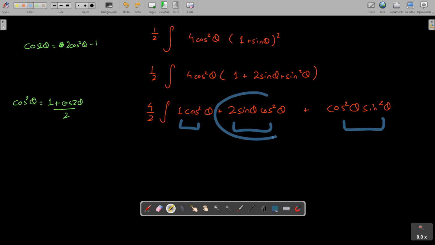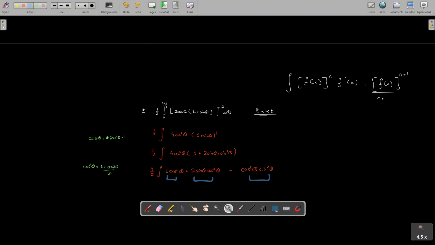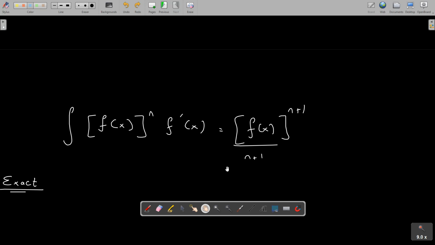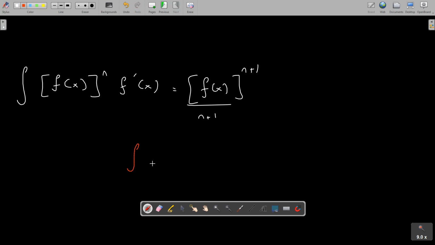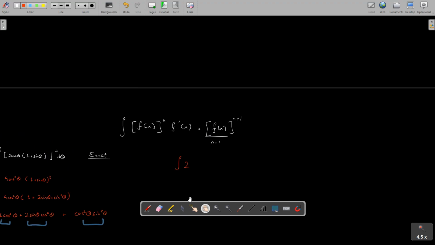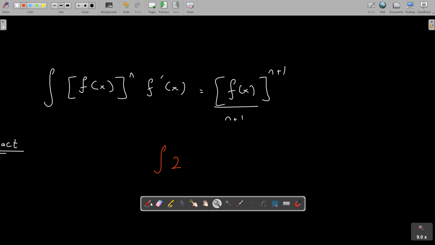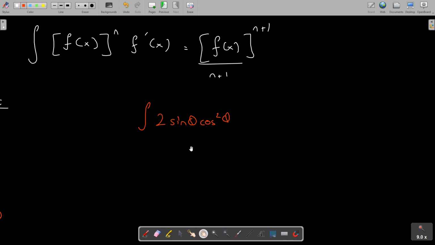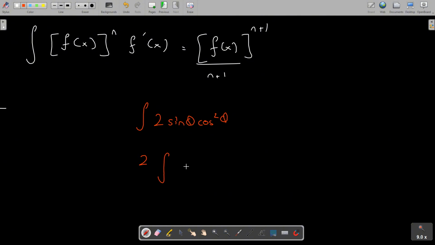Now, what about this part over here? How do I solve this? Now, if you recall, this is the same as this over here, which we just learned right now. 2 sine theta cos squared theta can easily be solved if we just rewrite it like this: 2 (cos theta) whole squared sine theta, and this is f of x, which is cos theta, and its derivative is minus sine theta, but we can introduce a minus sign over here and over here.